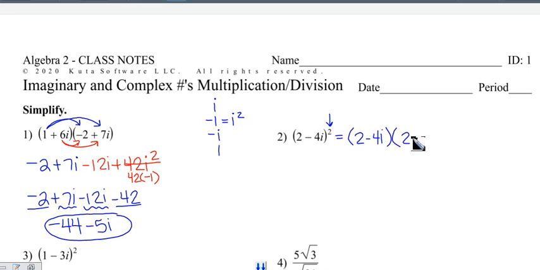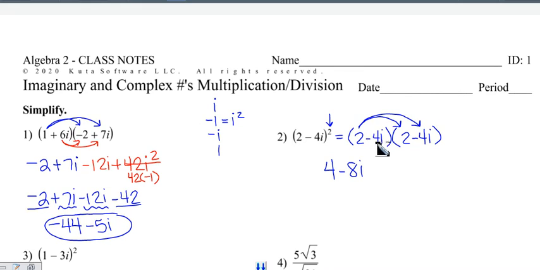So I'm going to make the suggestion that you expand this problem so you can see those 2 parentheses, and then we'll work it the same way we did number 1. We're going to take the first term in the first parentheses and distribute it to each term in the second parentheses. When I do this, I'll get 4 and negative 8i.